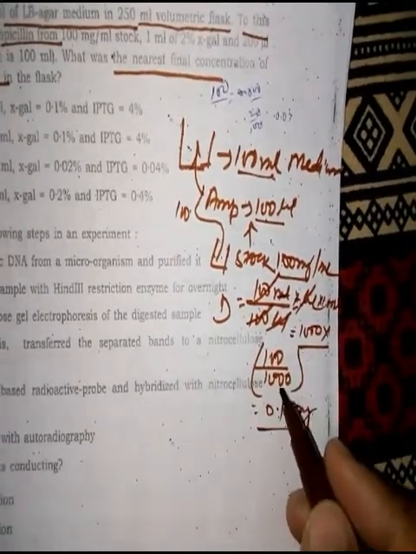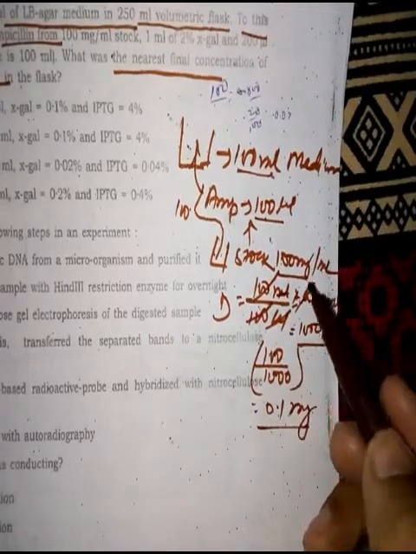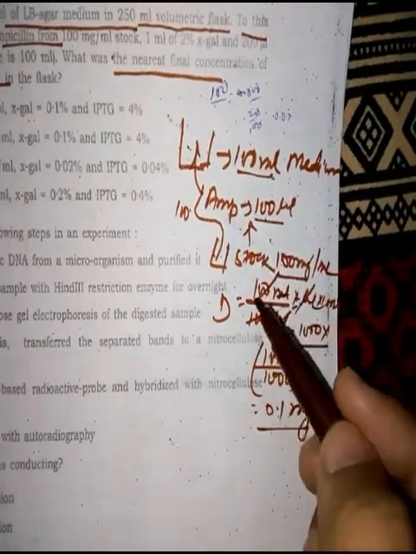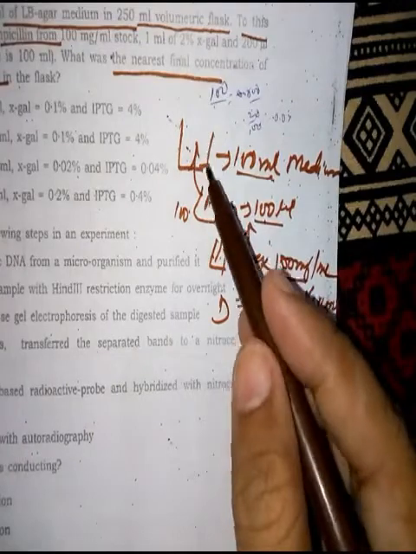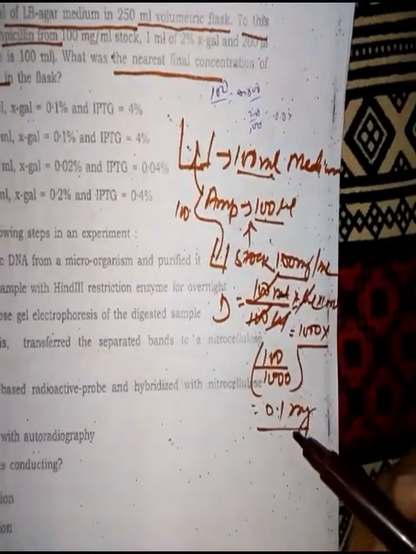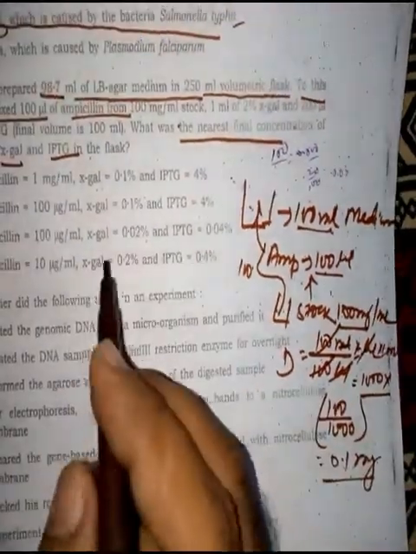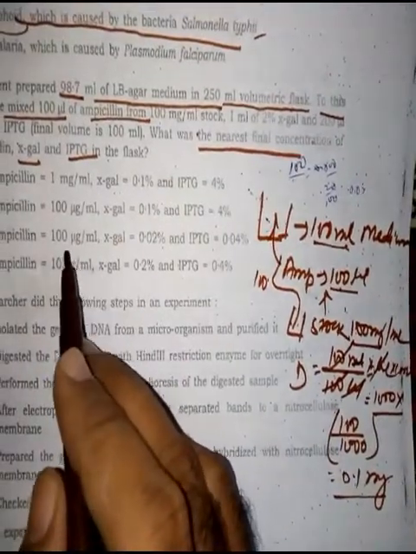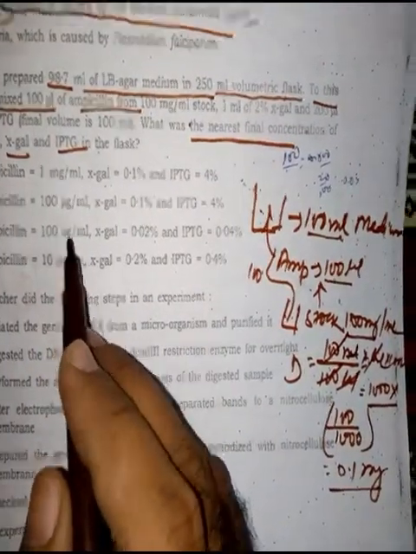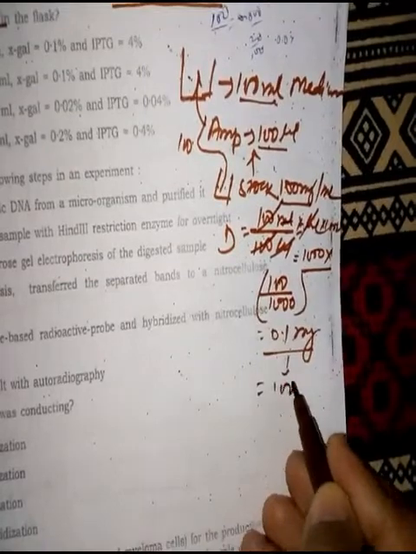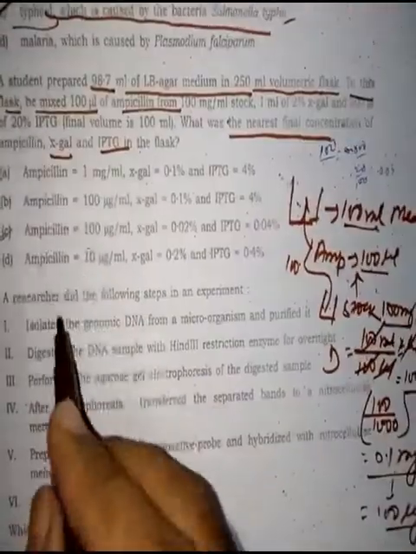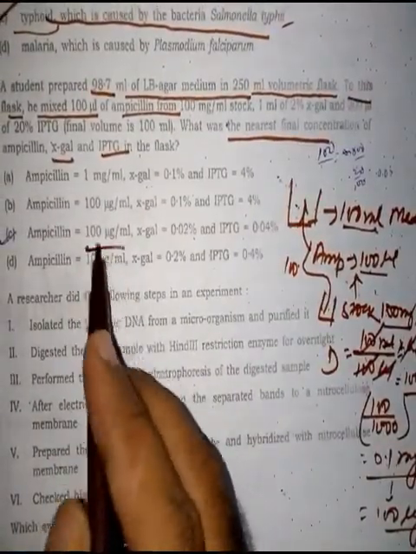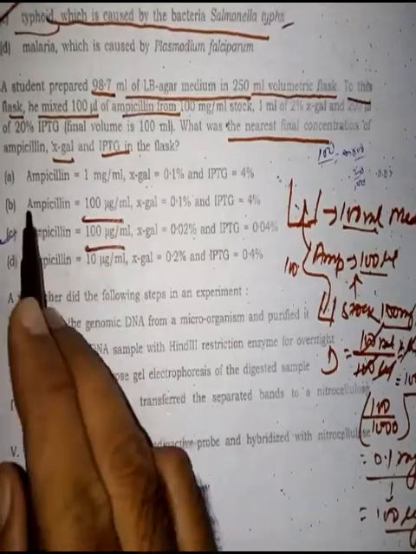So the final concentration of ampicillin in this 100 ml flask is going to be 0.1 mg. 0.1 mg is also known as 100 microgram. So this is 100 microgram, so either option B or C will be there.